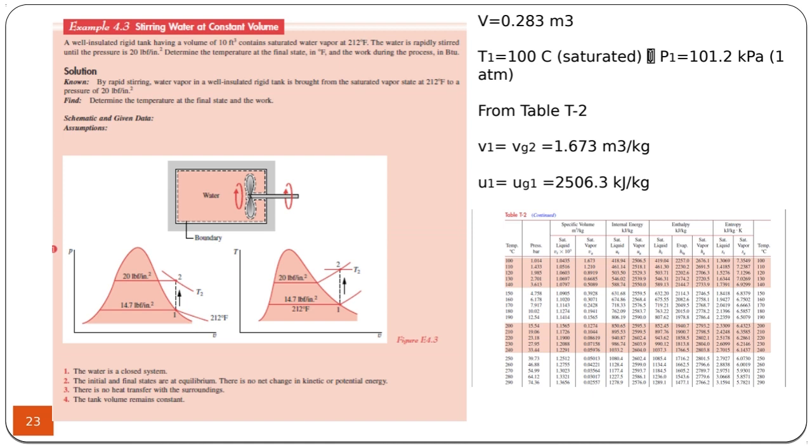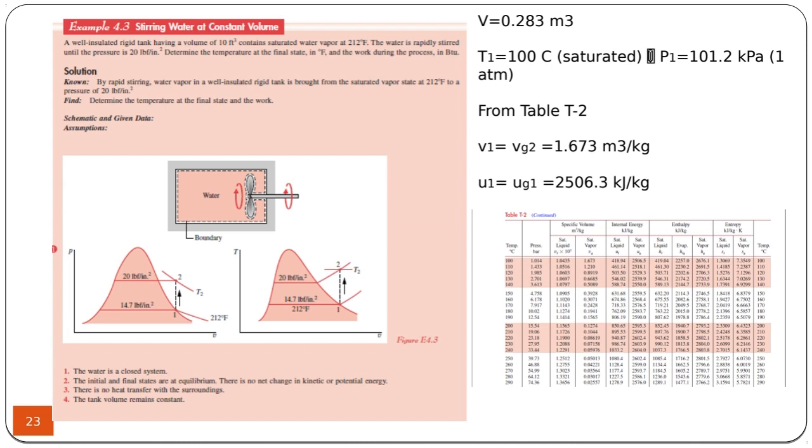It says 20 psi. I have the conversion of this pressure, but in any case, what we should understand is at the end of the stirring, the saturated vapor at atmospheric pressure becomes superheated vapor, and we would like to find out the properties at the end of the stirring.